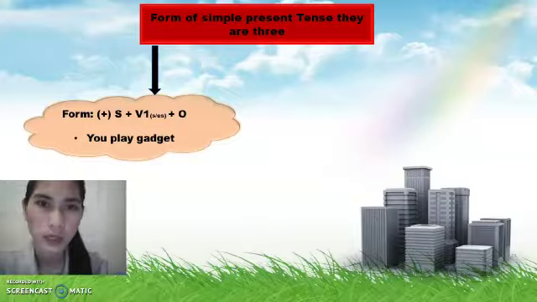For example, in sentence, you play gadget. You is subject, play is verb, gadget is object.